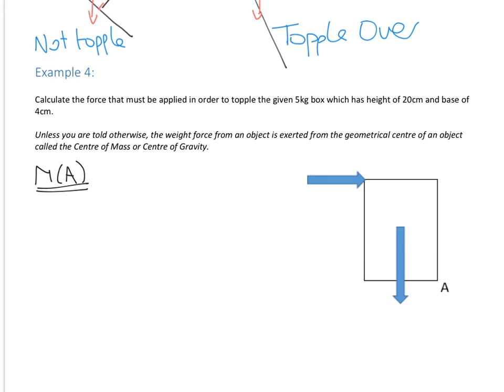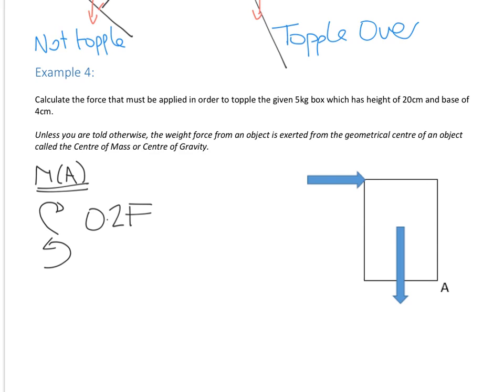So the perpendicular distance for the force going in the clockwise direction is the height of the box, which is 20 centimeters or 0.2, times F. Going anti-clockwise, we've got the weight force, because essentially this is trying to go around this way.